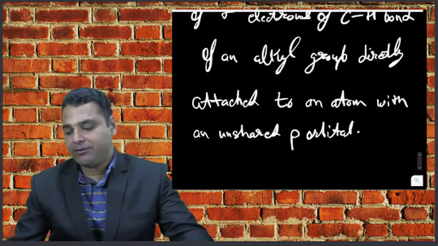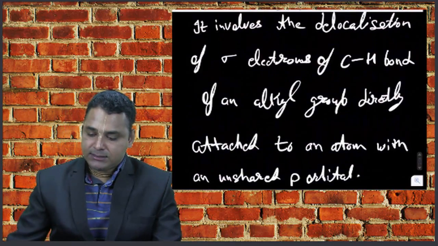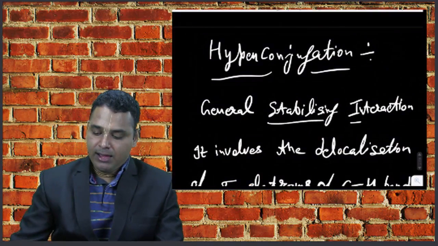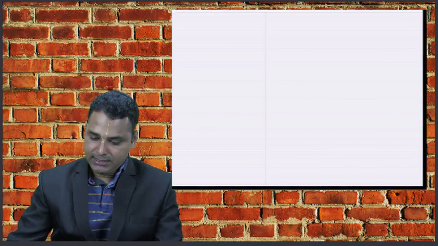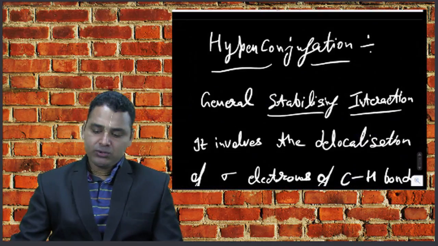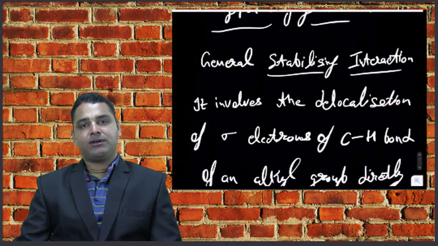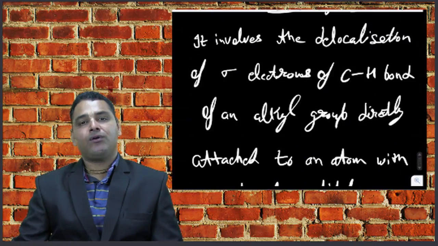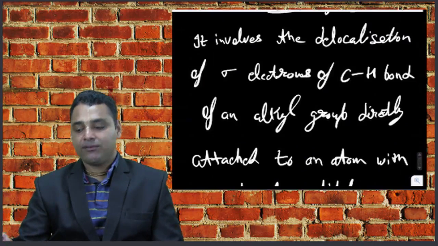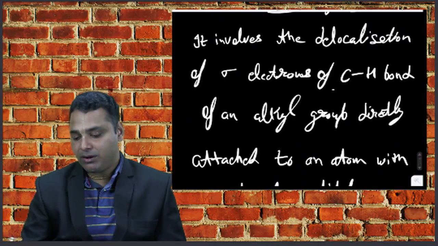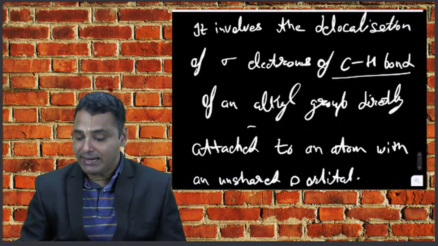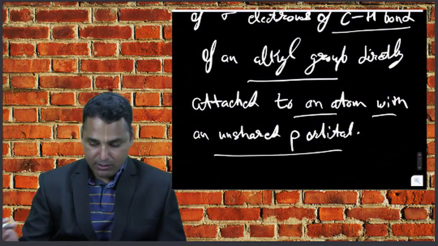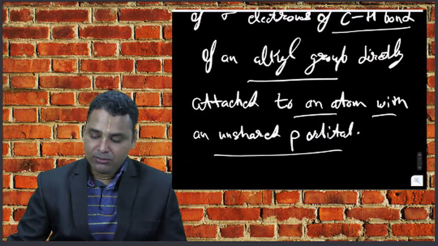Okay, so we'll try to understand it. Hyperconjugation is generally a stabilizing interaction, and it involves the delocalization of sigma electrons of the carbon hydrogen bond of an alkyl group, which is directly attached to an atom with an unshared p orbital. It's a little complicated, so we'll try to simplify it.